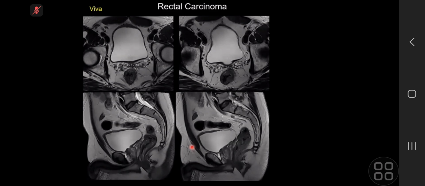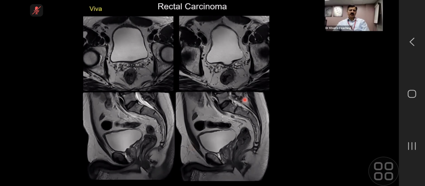It's eccentric and mainly between the 12 o'clock and 5 o'clock position. There's a bit of thickening of the mesorectal fascia. I can't see any surrounding enlarged mesorectal nodes. The fat plane between the prostate and the rectum is preserved, and the bone marrow demonstrates normal signal intensity.